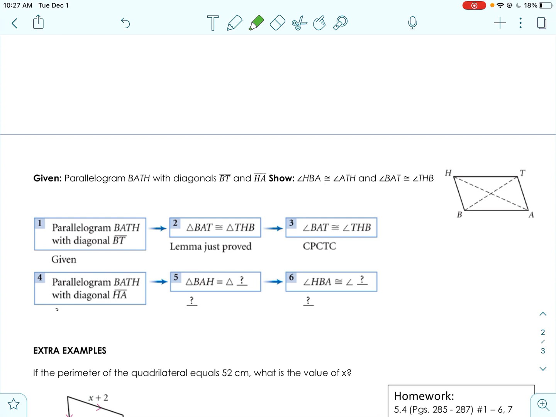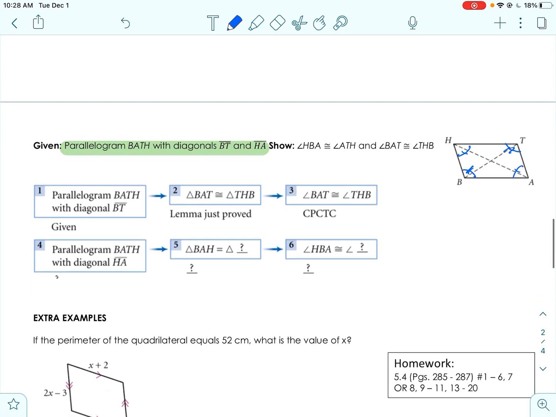We are given parallelogram BATH with diagonals BT and HA. So we have this shape over here. We want to prove that HBA, this angle right here, is congruent to ATH, this angle right here. And we want to prove that angle BAT is congruent to THB.